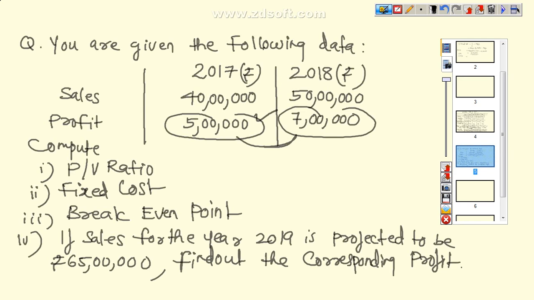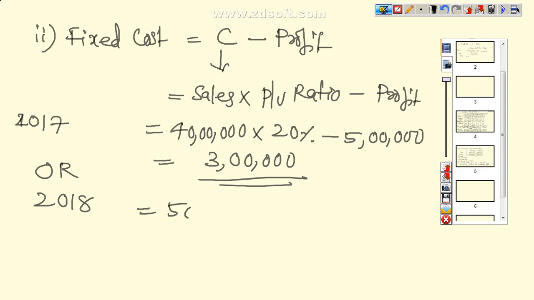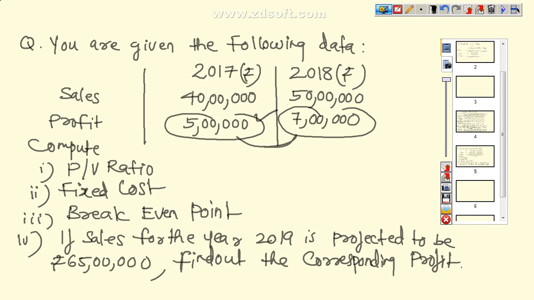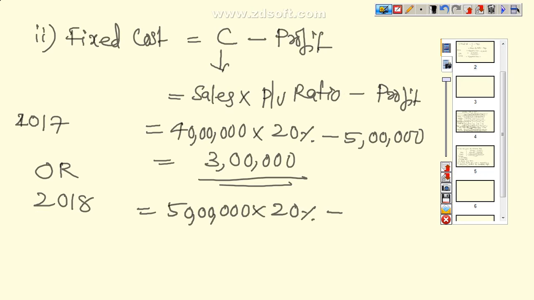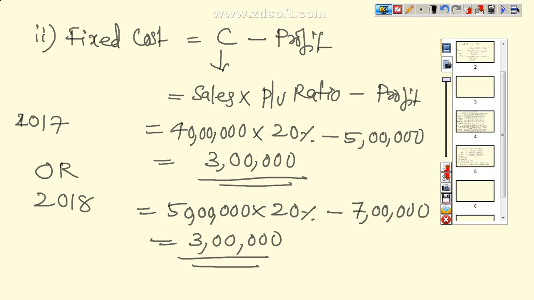So we write 50 lakh multiplied by PV ratio, the same 20%, minus the profit of 2018, that is 7 lakh. The answer is the same, 3 lakh. So this is our second answer: fixed cost is equal to 3 lakh.